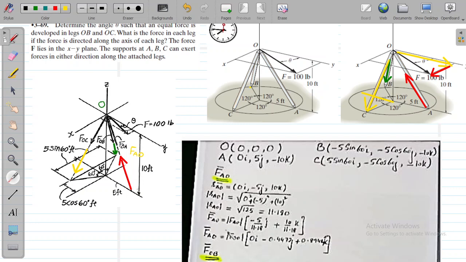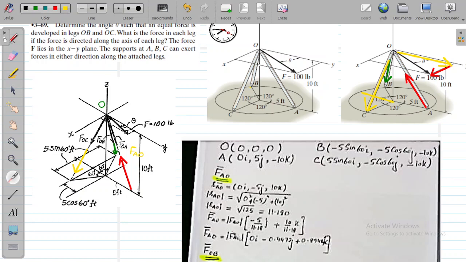So it will be FAO magnitude, and this is the direction, which is RAO divided by the magnitude of RAO. What was RAO? Minus 5j plus 10k. What was the magnitude of RAO? 11.18. So you divide minus 5 upon 11.18j plus 10 upon 11.18k.